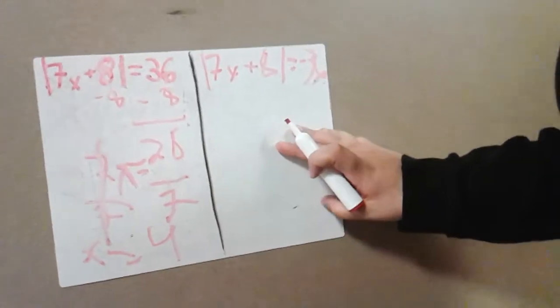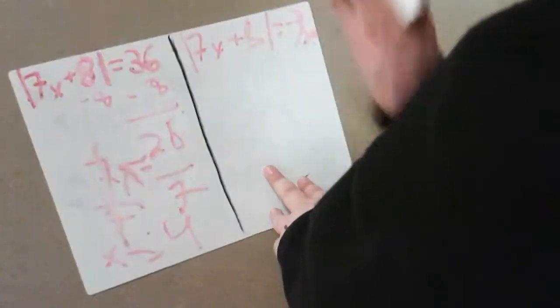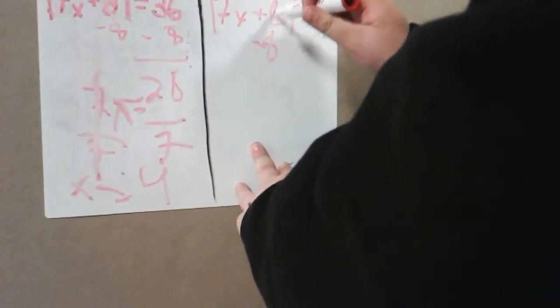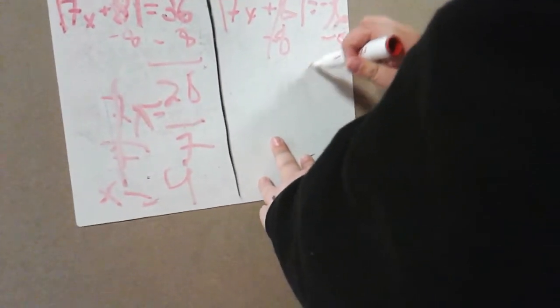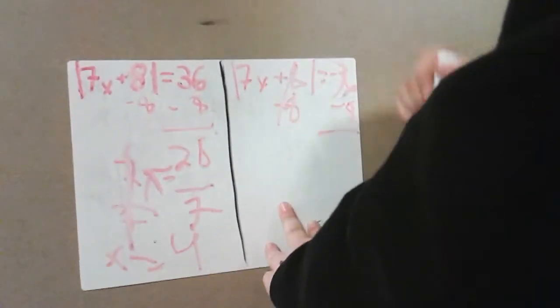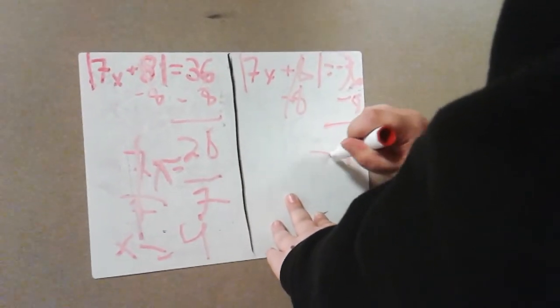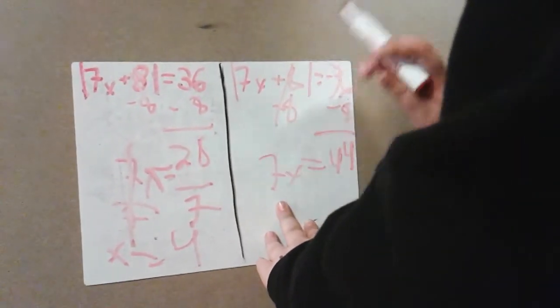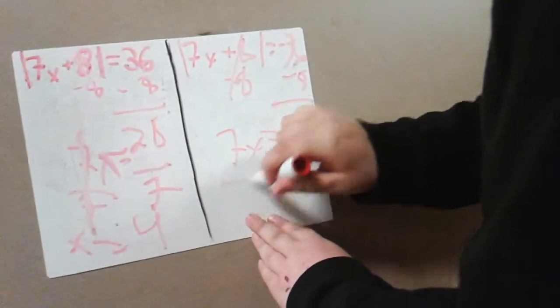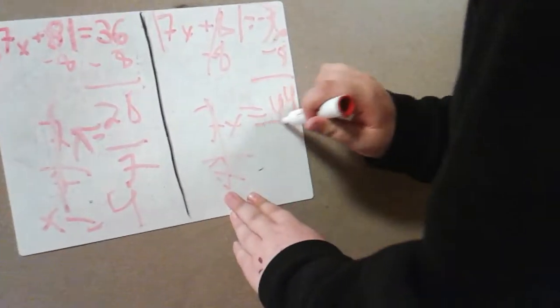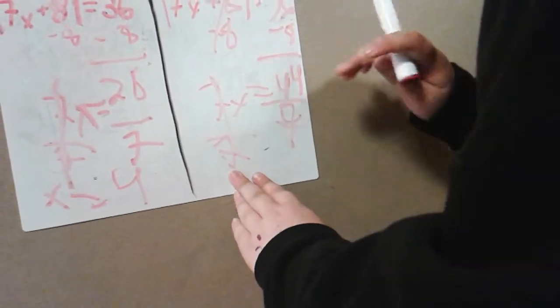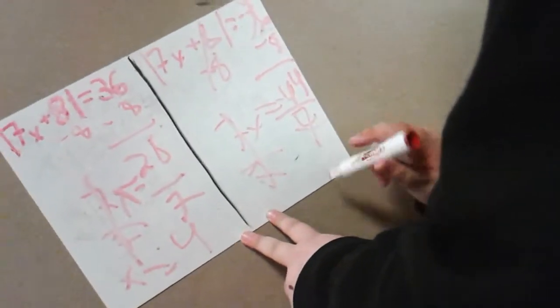So do the same thing. Okay, now let's do some examples. What you gotta do is put in two equations. The answer is approximately 6.